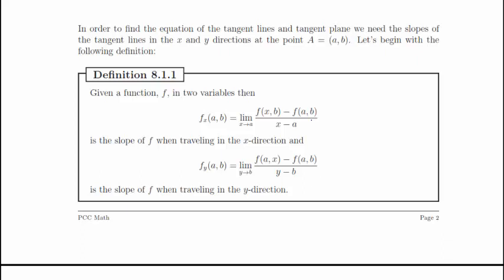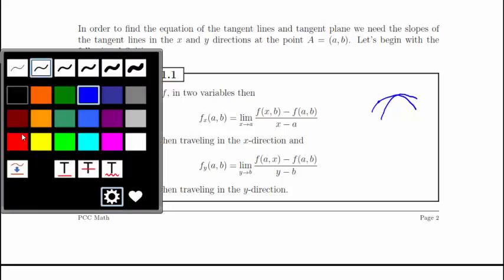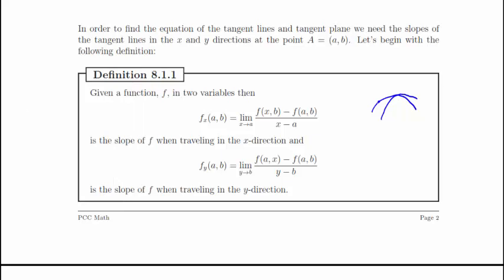All right, so essentially, let's just redraw this. If I have some surface here, and we're looking at a point here, we can have the slope in the x direction, and we have a tangent line.